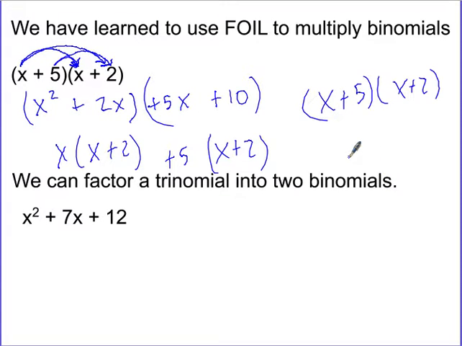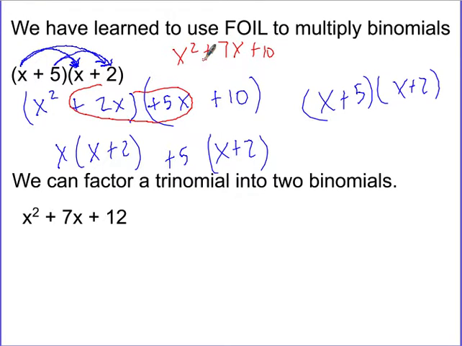The problem is, when I have a trinomial expression like that, we've already done the step where we combine these two middle terms, right? Because if we were FOILing, we would have combined these two middle terms, and we would have ended up with x squared plus 7x plus 10, right?